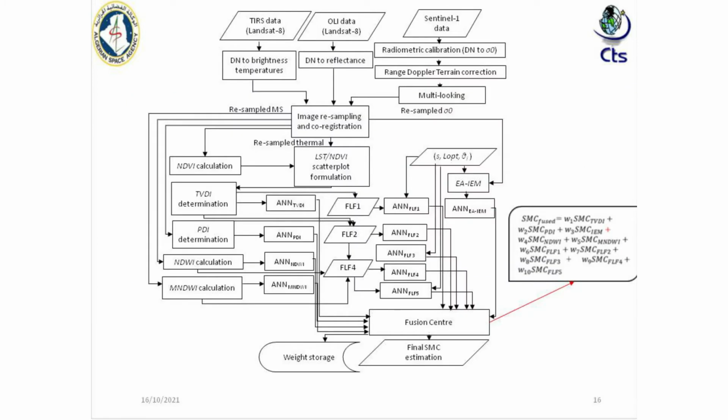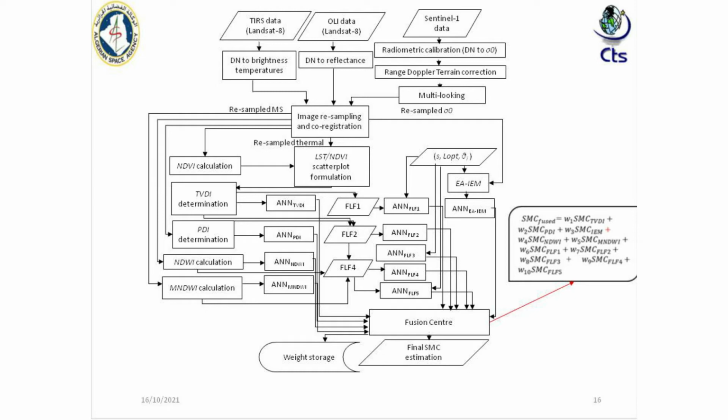Now, this is the system we use to estimate soil moisture. Basically, the pre-processing is done separately, each of the sensors being pre-processed separately. Then all of the images are resampled and co-registered, and all of the relevant features are calculated, then fed to 10 artificial neural networks.